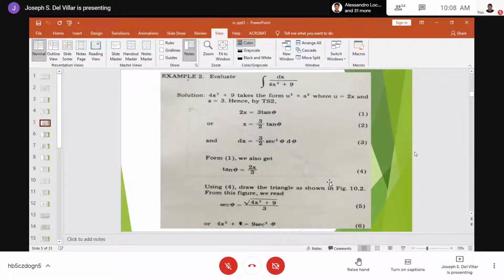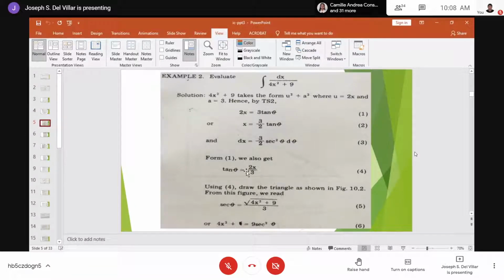Okay? Now, from the substitution 2x is equal to 3 tangent theta, we can derive the tangent of the angle theta, and that is equal to 2x over 3.